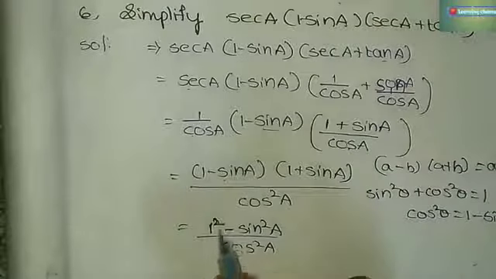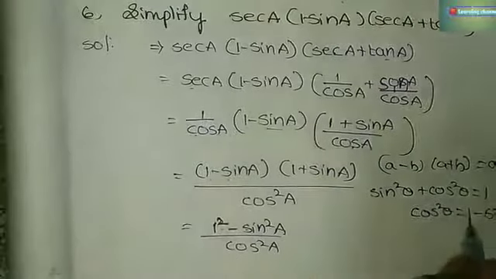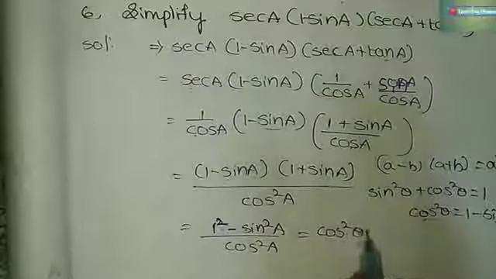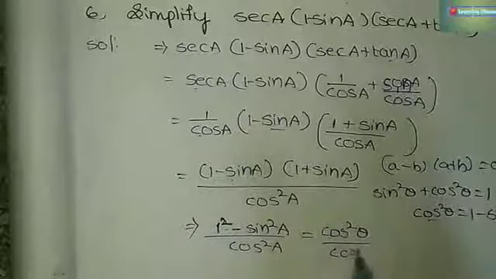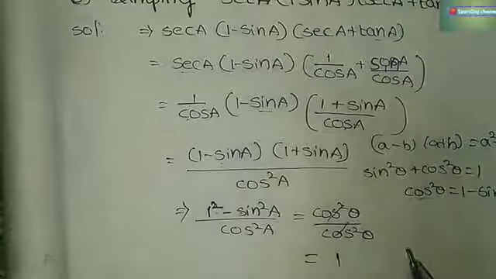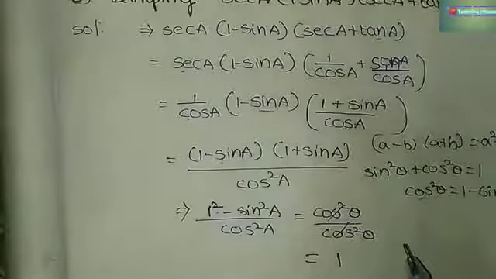Here sin square a plus cosecant square a plus 2 into sin a. Cosecant a can be written as 1 by sin a plus cos square a plus secant square a plus 2 into cos a into secant a can be written as 1 by cos a. Here sin a cancel.